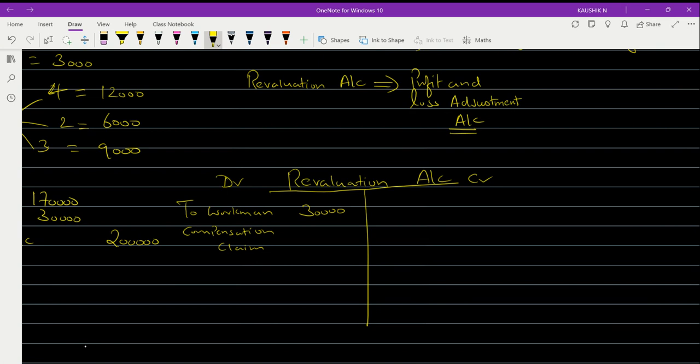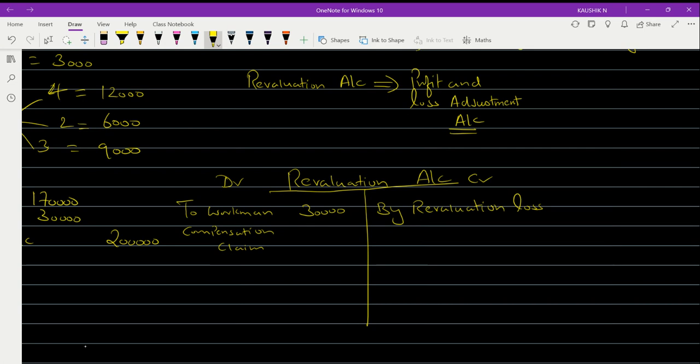On the other hand, it is going to be by revaluation loss, because you transfer the loss on revaluation to the partners' capital accounts.